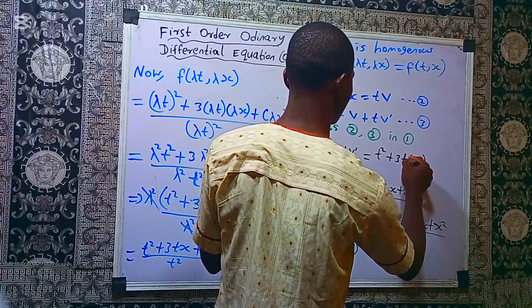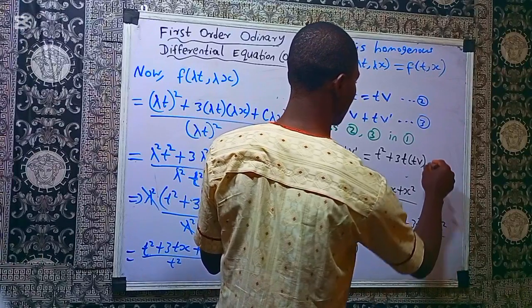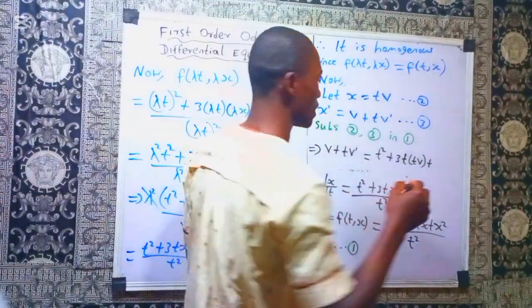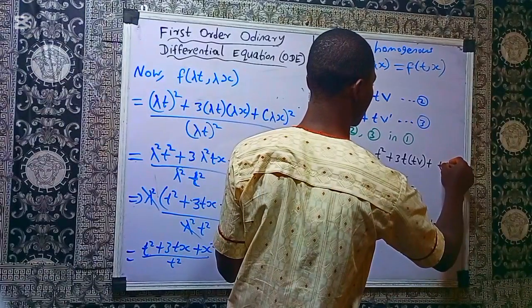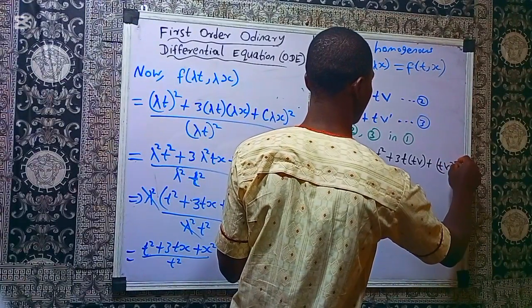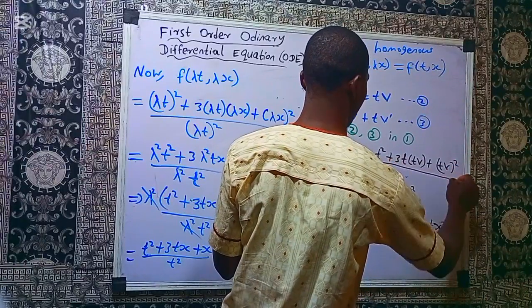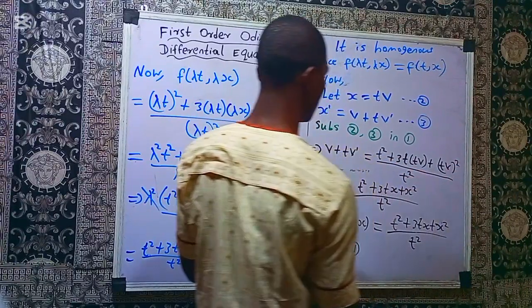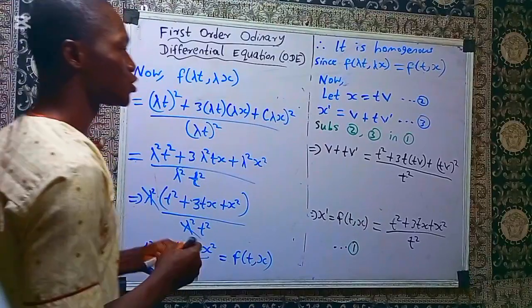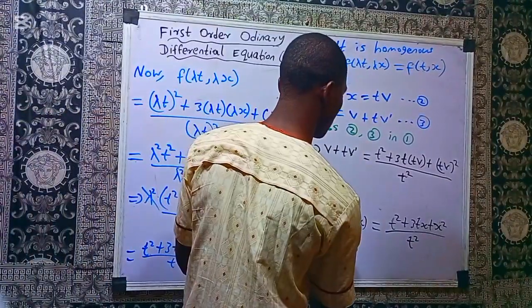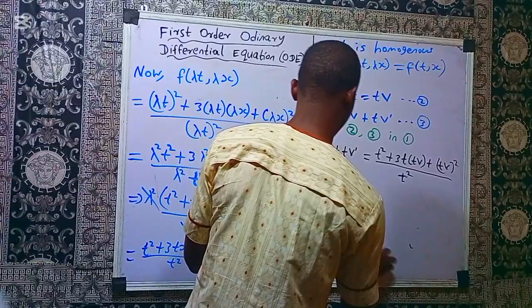Then plus, instead of x squared, I'll write tv all squared, divided by t squared. Okay, so this is what we'll be working with.